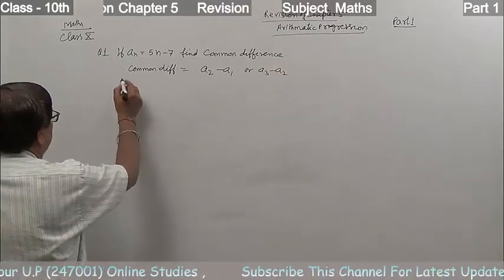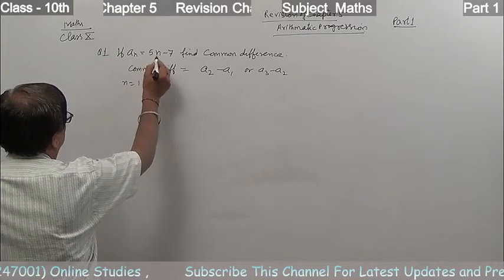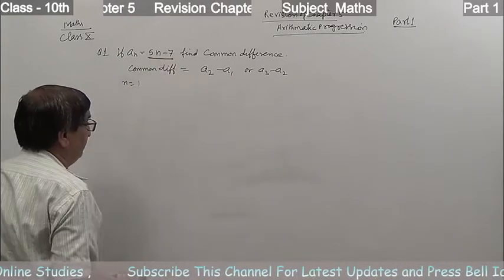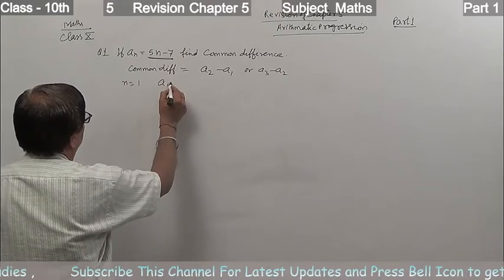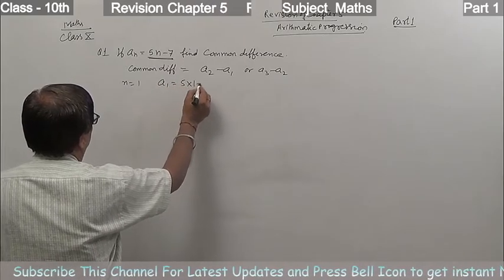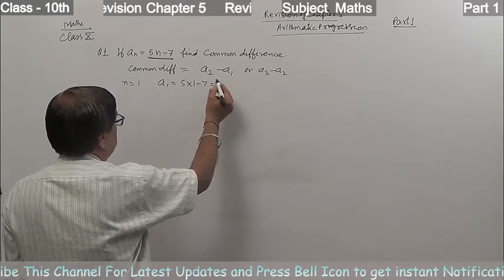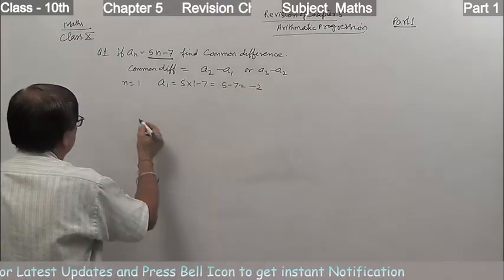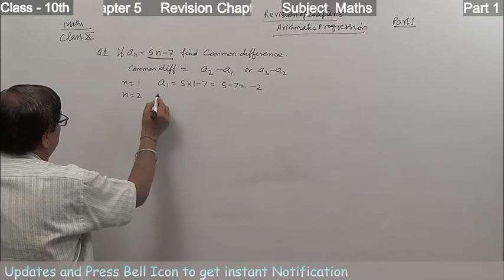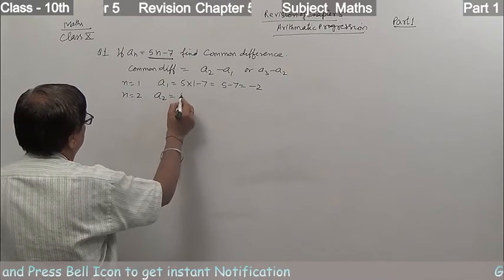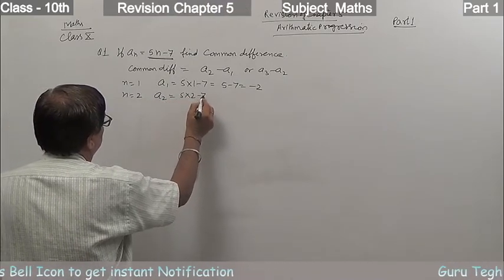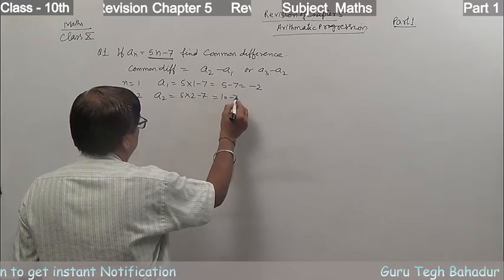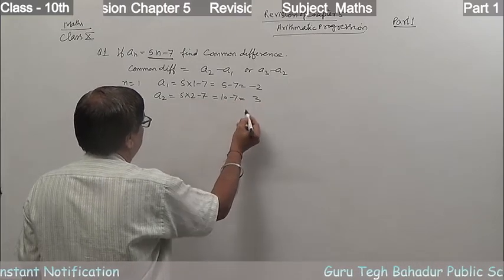So, putting n equal to 1 in this equation, a1 will be equal to 5 into 1 minus 7, that is 5 minus 7, minus 2. For n equal to 2, a2 is equal to 5 into 2 minus 7, that is 10 minus 7, which is 3.